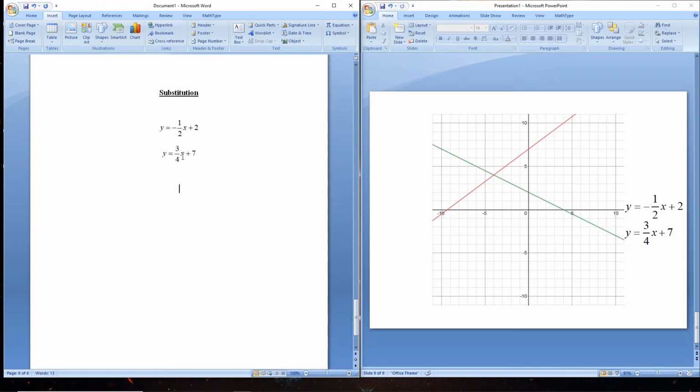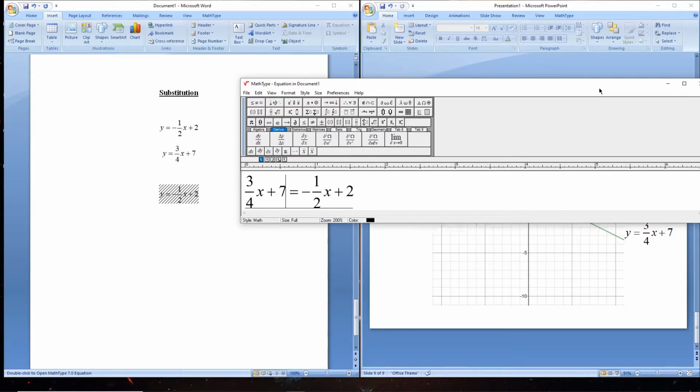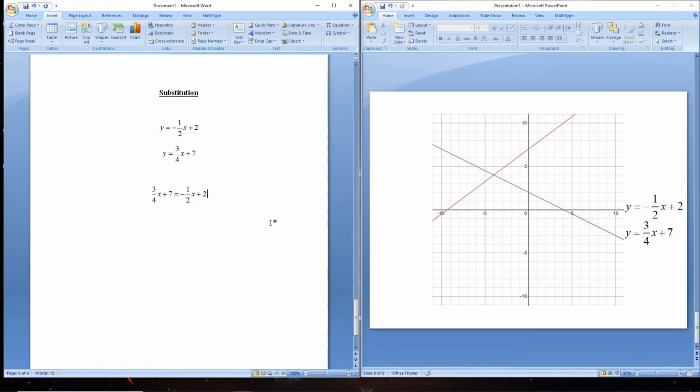So it doesn't matter which, but I'm going to take the bottom one and plug it into the top one. So here's our top equation, but instead of y, we'll now have our substitution, which is 3/4 x plus 7. So just substituting the bottom into the top.